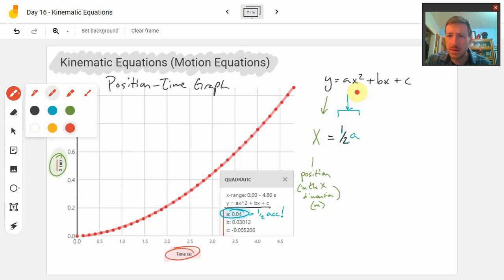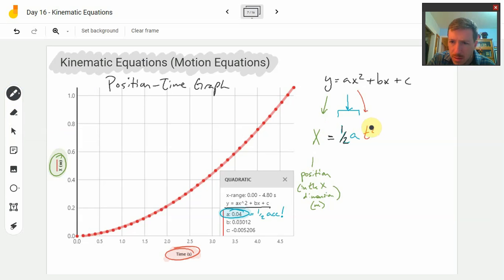So this then, we go down, and that is t squared, right? So time is squared, plus bx plus c. So what does the b represent here then?